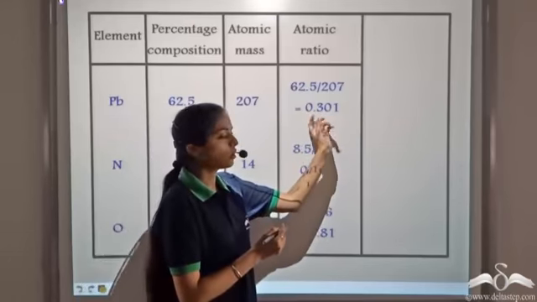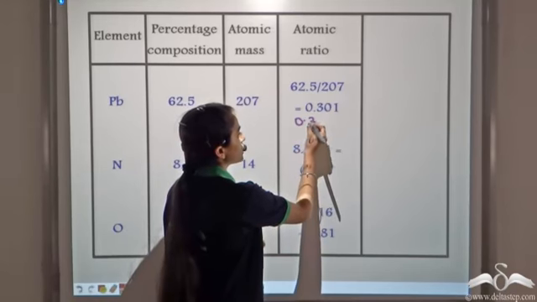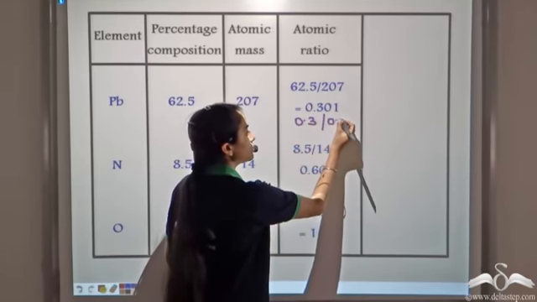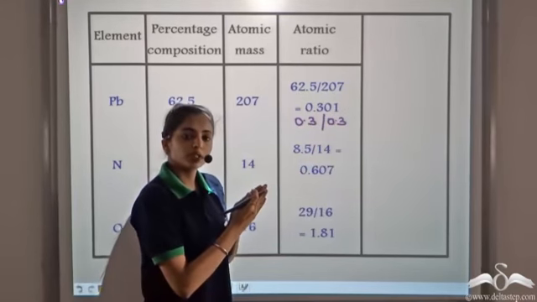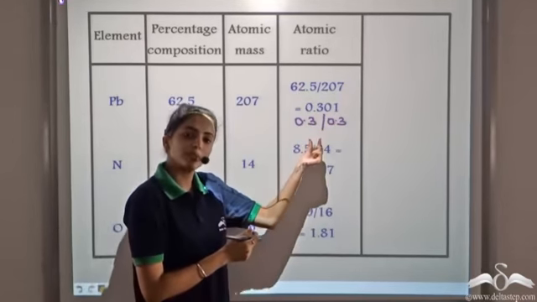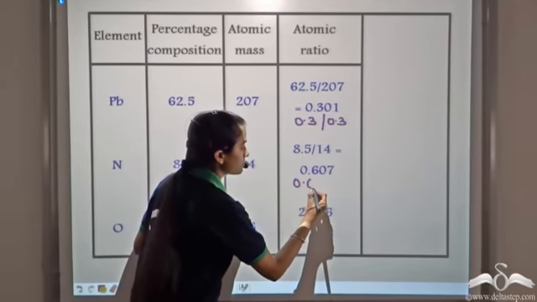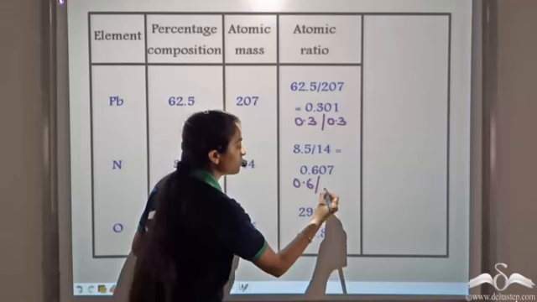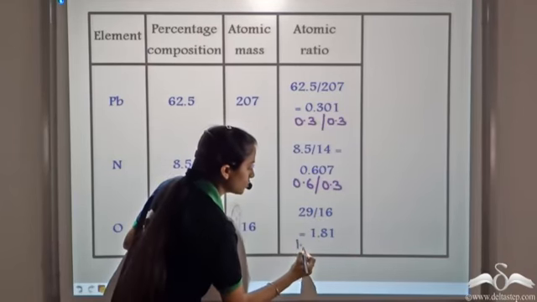So we take this as 0.3. This becomes the smallest value, and we divide by 0.3. To get the simplest whole number ratio, we can also use the approximate method. We can take this as 0.6, divide it by the smallest number, 0.3. And we can take this as 1.8.